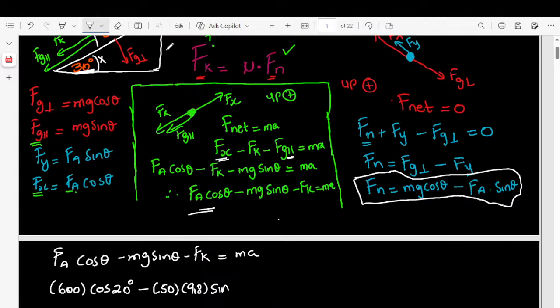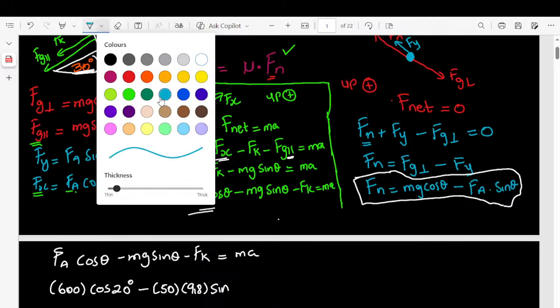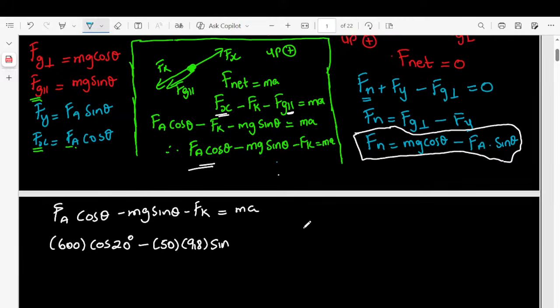So I'm just going to put a note here so that no one forgets this. FG perpendicular and FG parallel. Remember, FG perpendicular is mg, the cos of theta. This is mg, the sine of theta.